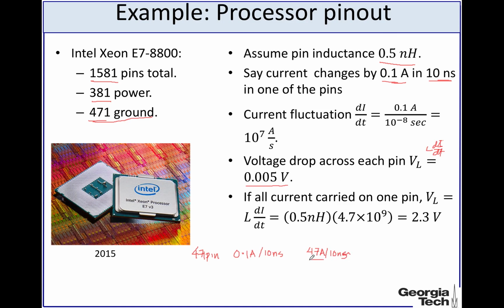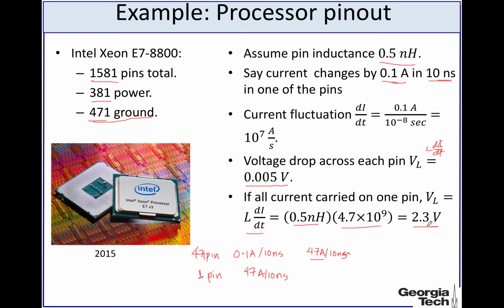Now think about the case, say you did not have 471 ground pins, but instead you had one pin, and in this one pin the current changed by 47 amps in 10 nanoseconds. And then if you calculate the L di/dt, your L is half a nanohenry, and the rate of change of current will be 47 divided by 10 nanoseconds, which gives you this number.